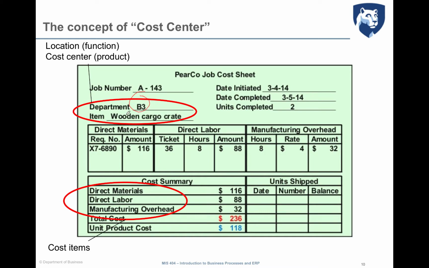The cost center is the wooden cargo crate, so the product for which we are allocating costs, and the cost items involved are all those that you see printed here in this part of the table, so direct materials, direct labor, and manufacturing overhead. This is exactly an example of how to summarize cost information related to a particular cost center, the wooden cargo crate product.